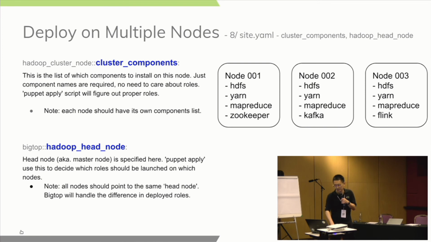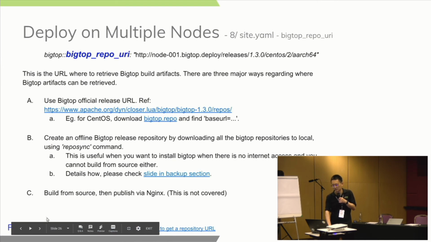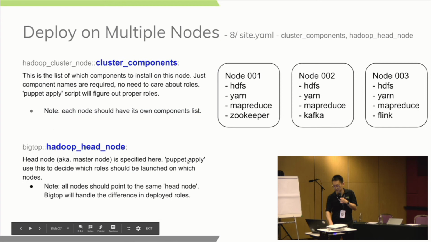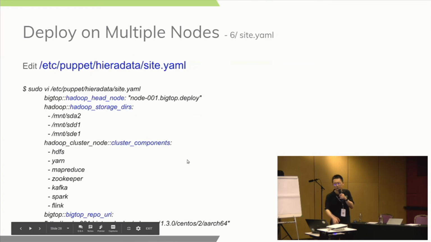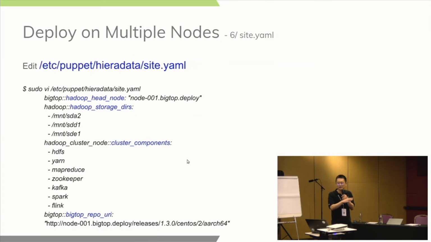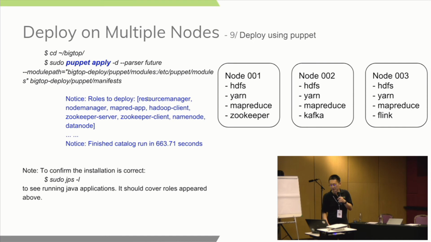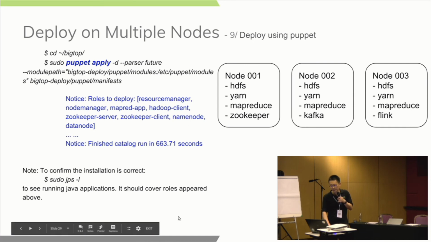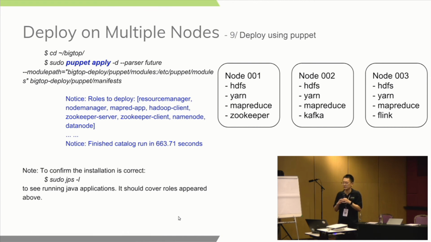On each of the site YAML files, you should specify the same head node as I listed here, node 001. Only in this way will your Puppet deployment know they are within the same cluster, and the Puppet script will decide which role to deploy on each of the nodes.